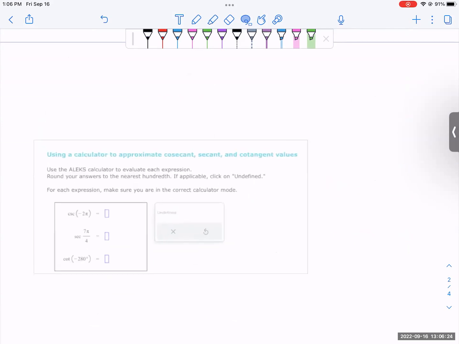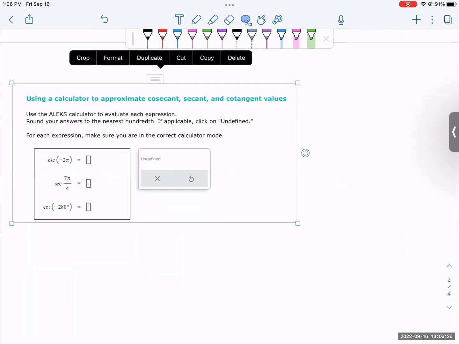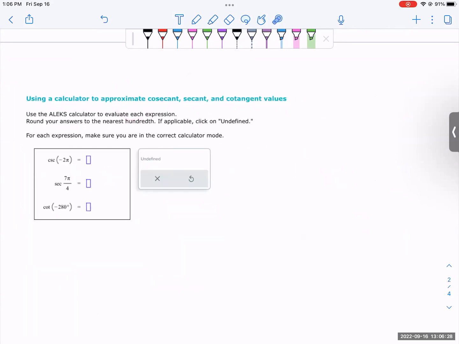Another thing to mention, so here's another topic from ALEKS this week. Using a calculator to approximate cosecant, secant, and cotangent values. With these, it says to use the ALEKS calculator, but you can use whatever calculator you'd like. With these, you need to know how to input them into your calculator. So here's the important thing.